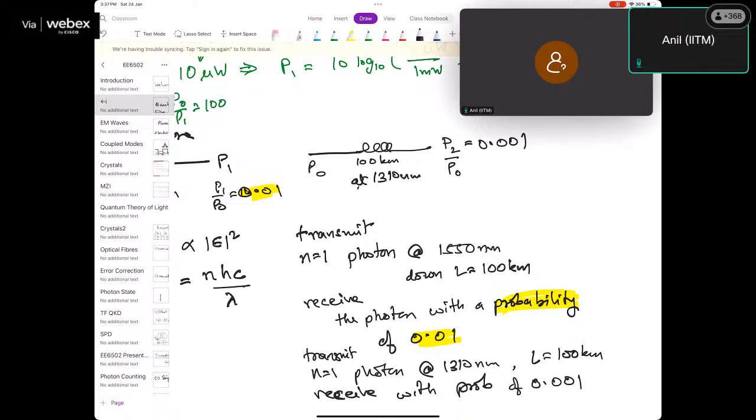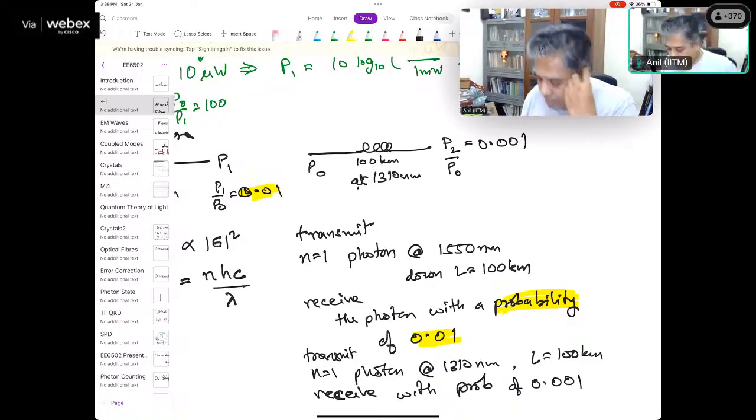I can't send one photon. I have to repeat the experiment hundreds of times, right? So I will send one photon maybe 1,000 times and I will receive it 10 times. Because I can do that, I can estimate what this probability is as 0.01.